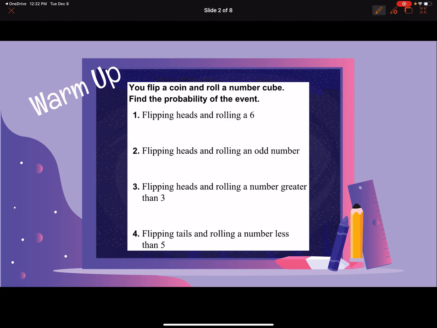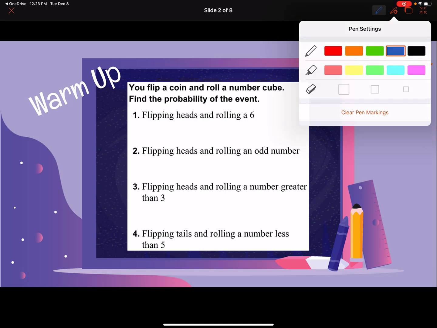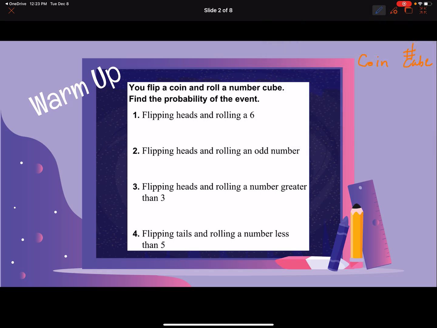Okay, if I wanted to think about this like a tree diagram, I could write out my coin possibilities and my number cube possibilities. So with my coin, I can either flip a head or a tail.